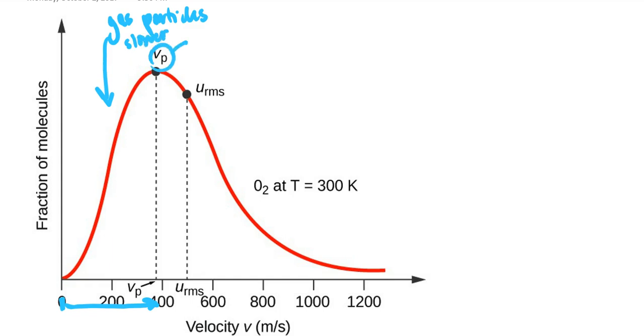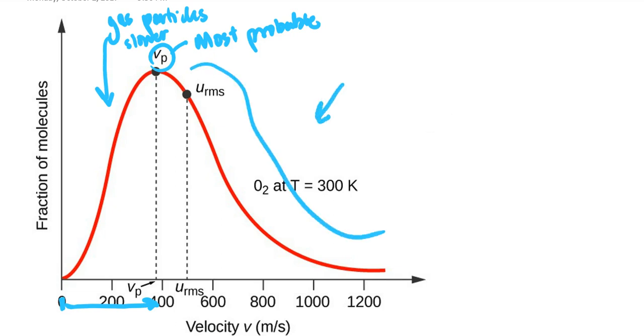Now, that velocity happens to be the most probable speed for gas particles. Notice that for this portion of the curve here, these gas particles happen to move faster than the most probable velocity.